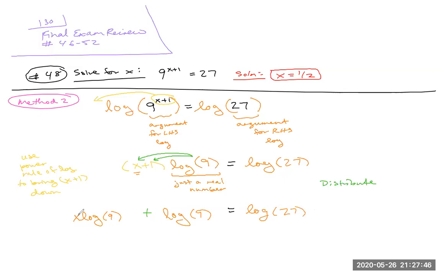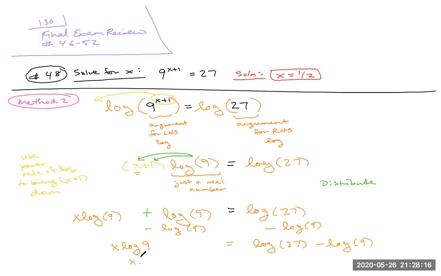Remember, you're trying to solve for x, so subtract log 9 from both sides. You have x log 9 equals log 27 minus log 9. Be very careful here because this is actually going to be a log rule that you use to combine these.